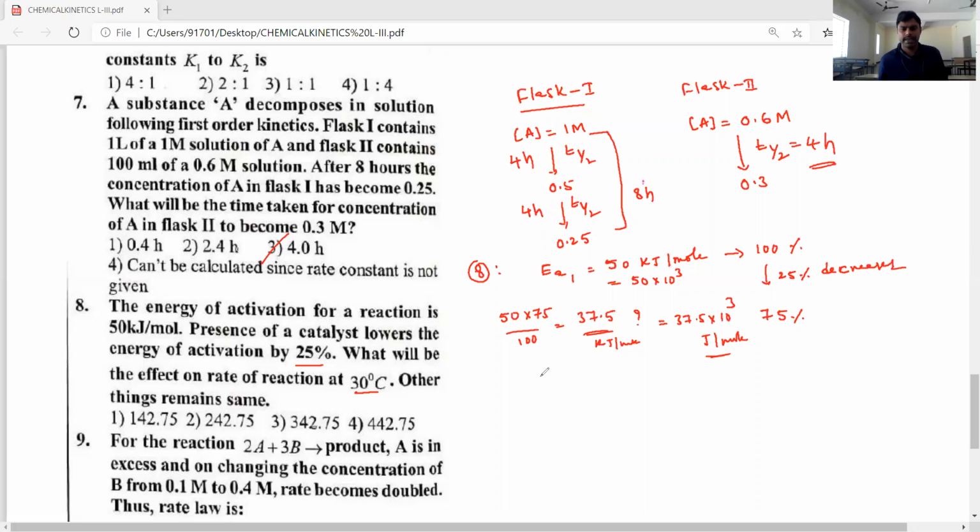We know that K is equal to A e to the power of minus Ea by RT.